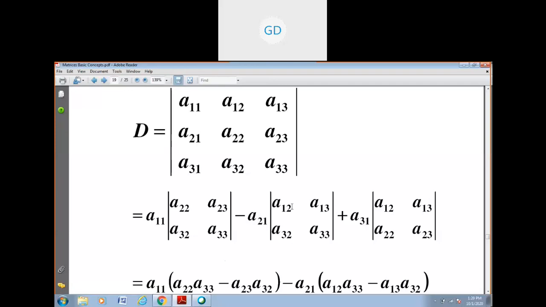And exactly we have to write here with this element A12, A13, A32, A33. Okay. Now regarding sign I am telling you.